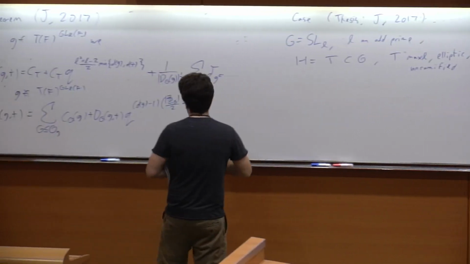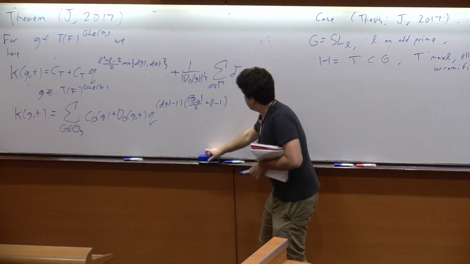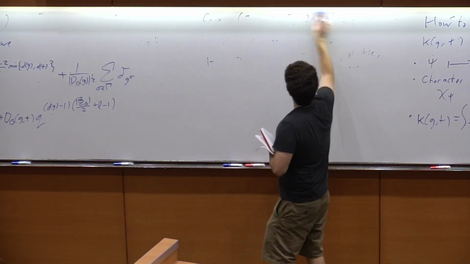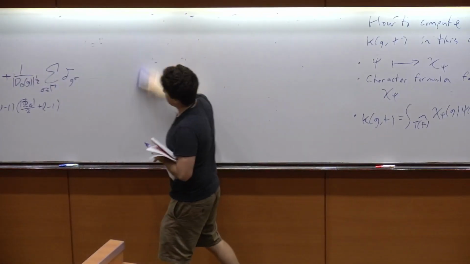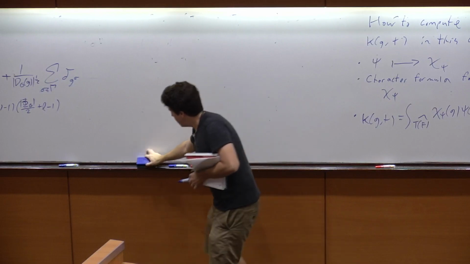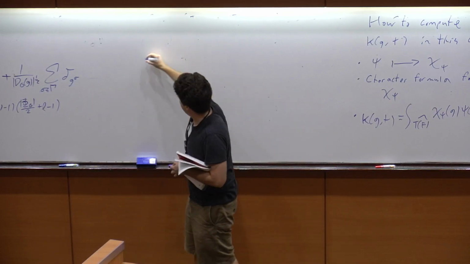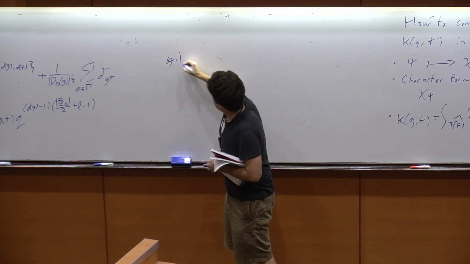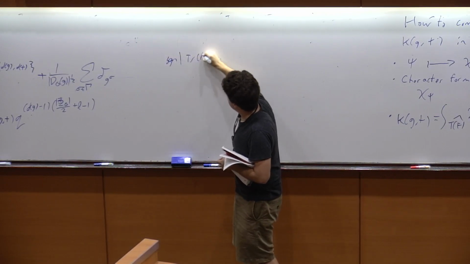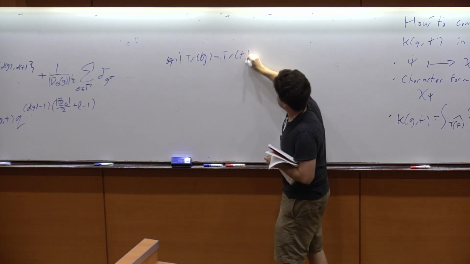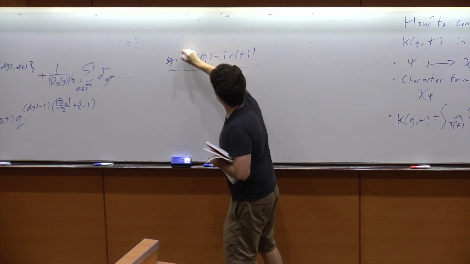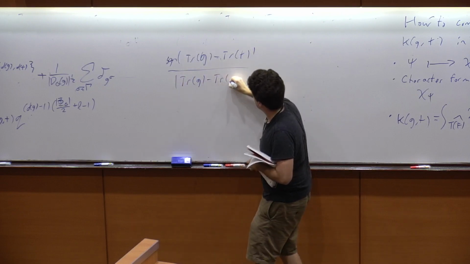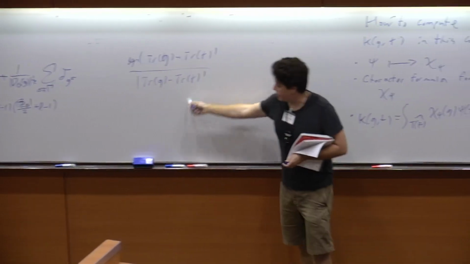So, all right. I had to erase it due to room, but the formula of Gelfand-Graev is a lot prettier because of how concisely you can write it, but remember, in their case, they have the formula of the sine of the trace of G minus the trace of T all over this p-adic absolute value.